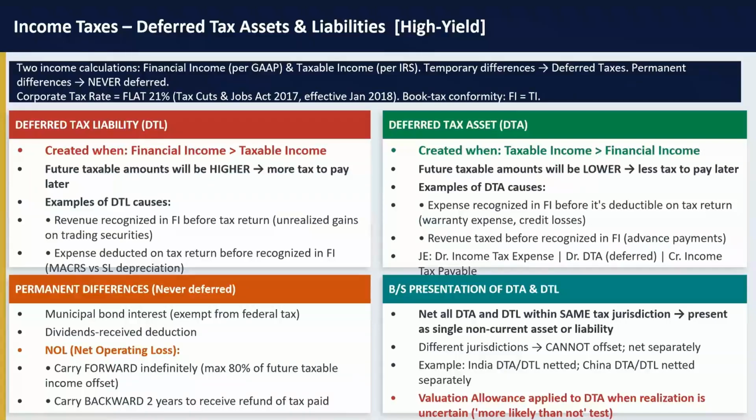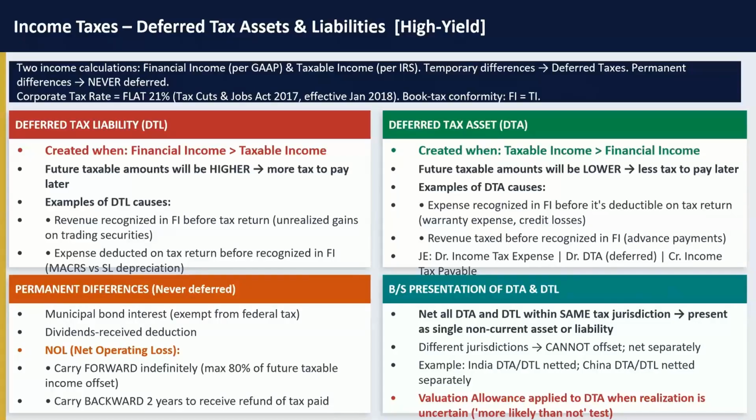Next up, how do we represent this balance? How do we represent this DTA and DTL on our balance sheet? You will be netting off your DTA and DTL within the same tax jurisdiction. Suppose I have many branches. I have branches in India, UK, USA, Korea, Japan. Now I will have to present them in our balance sheet in the sense that DTA and DTL offsetting is possible only in the same tax jurisdiction.